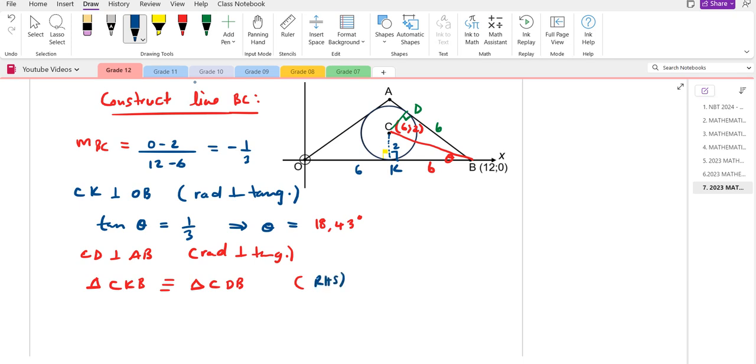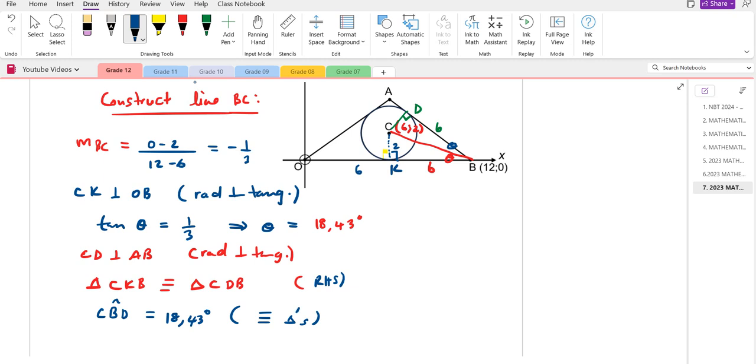And now what we can say is that, remember, this angle is also theta, so CBD is equal to 18.43 degrees. Reason: congruent triangles from this.